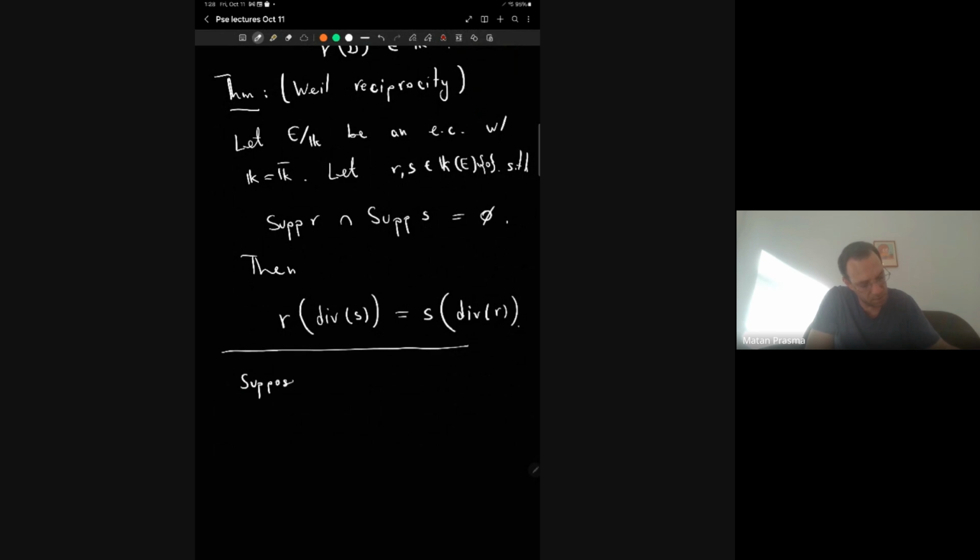Suppose D is a degree 0 divisor such that ND is principal.